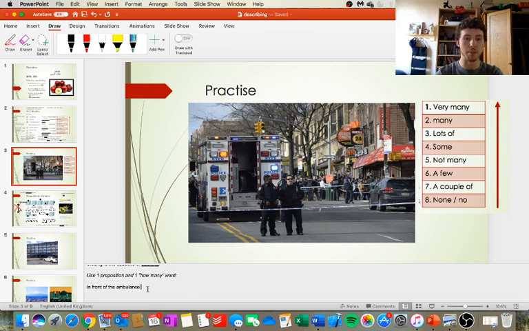In front of the ambulance, there are, good, a few policemen. I'm so sorry. I didn't see him. He's hiding. Okay, good.